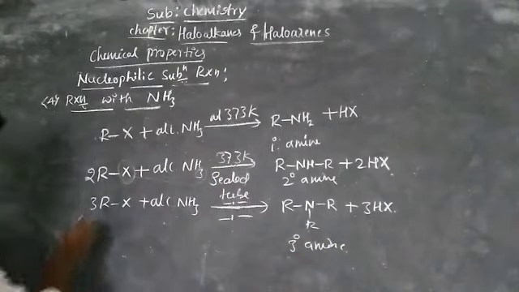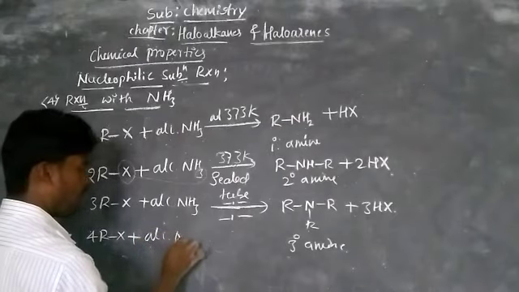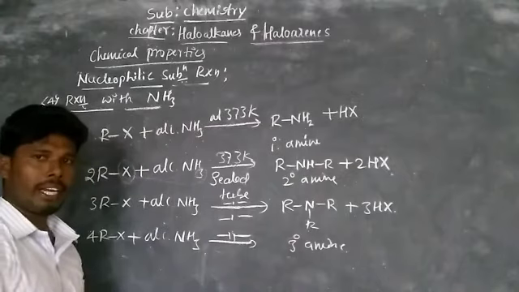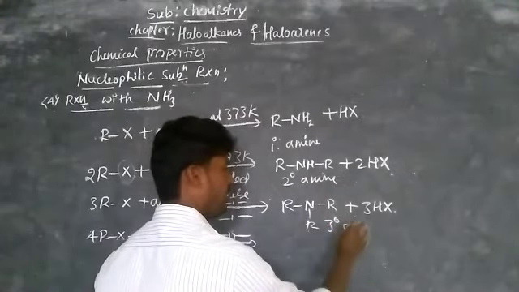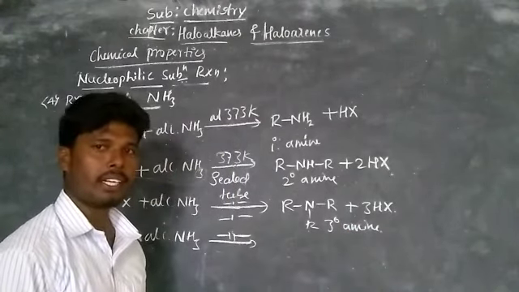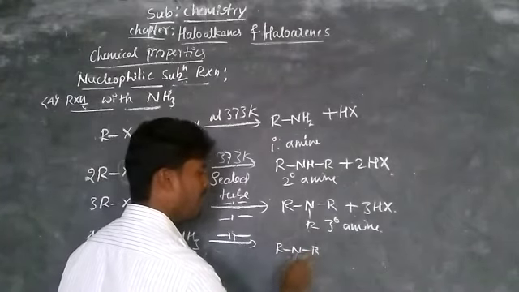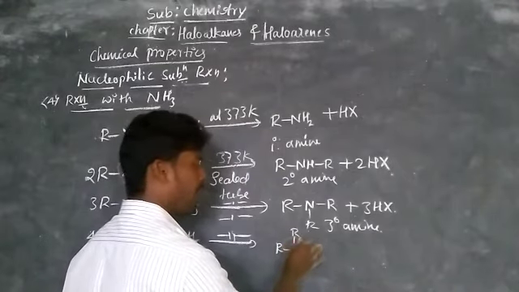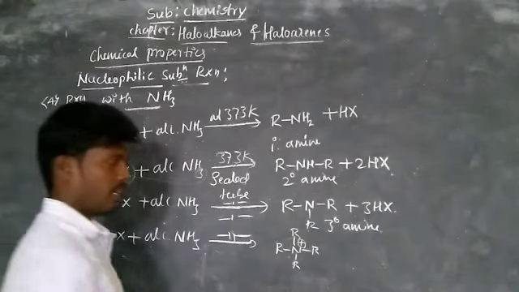Similarly, if you take four equivalents of RX with alcoholic ammonia under the same conditions, what do you expect here? This is a tertiary amine. After tertiary there is quaternary, that is a quaternary amine: R-N-R, and write one more R. During that time nitrogen carries a positive charge because it is electron deficient.